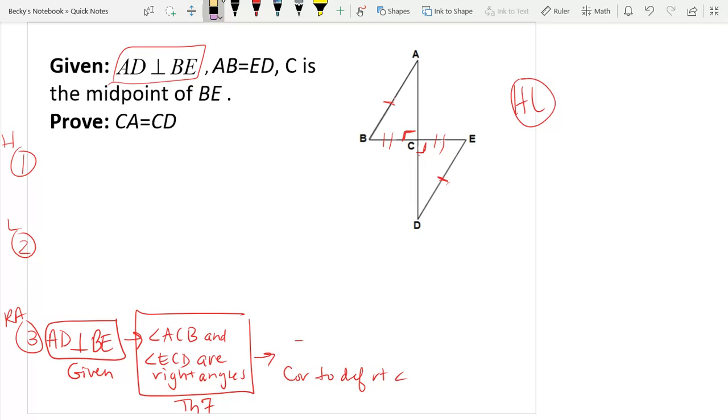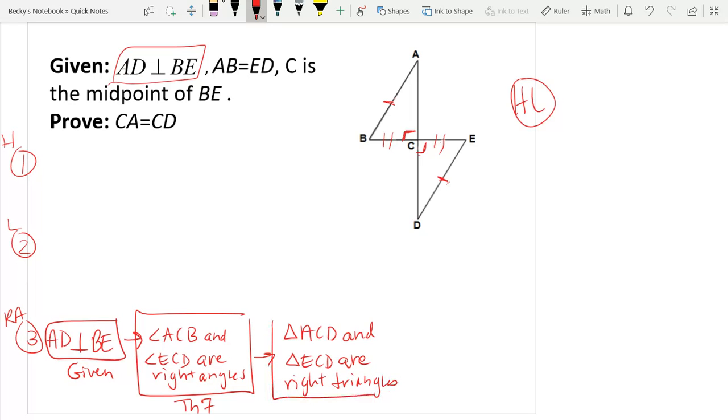So we have to back up the train. Now, this is a little bit different. If we know they're right angles, can we then say they form right triangles? Of course we can. So now we're going to have to say triangle ACD and triangle ECD are right triangles.